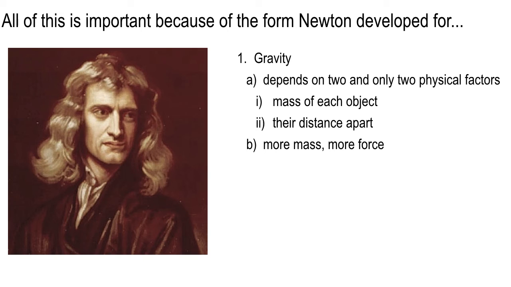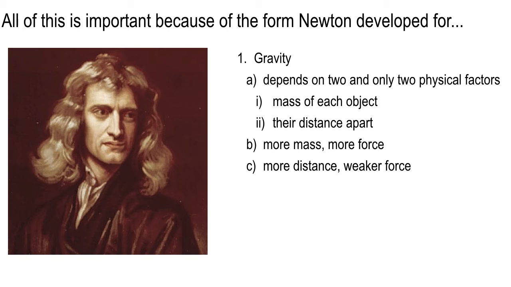But if you have the Earth and a satellite, it's a smaller amount of force because the satellite has less mass. He also said that the more distance, the weaker the force. And why did he know that? He knew that because the centripetal acceleration of the moon was so small. He got a fairly good value of it, about 1/3600th of g for the apple that fell last week.